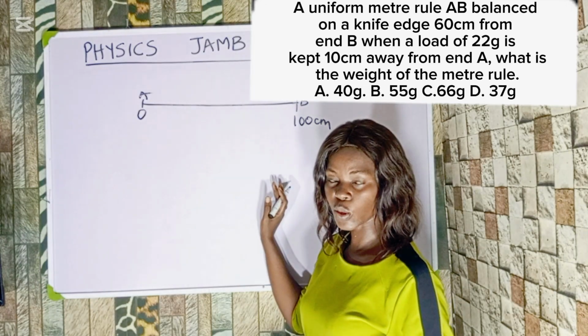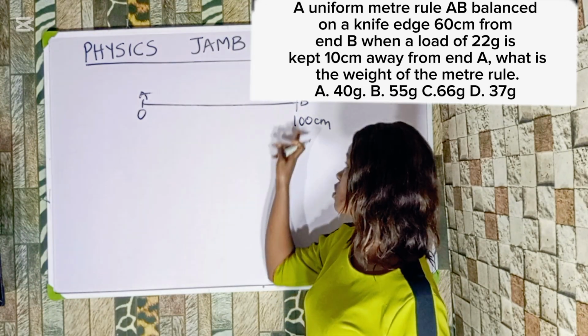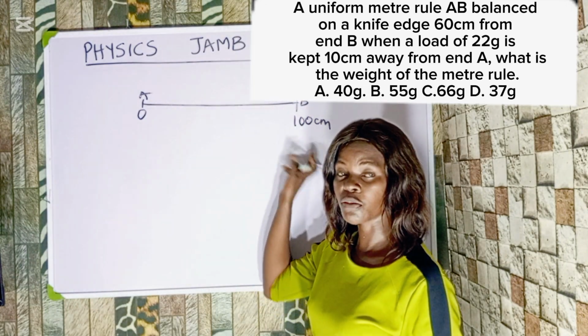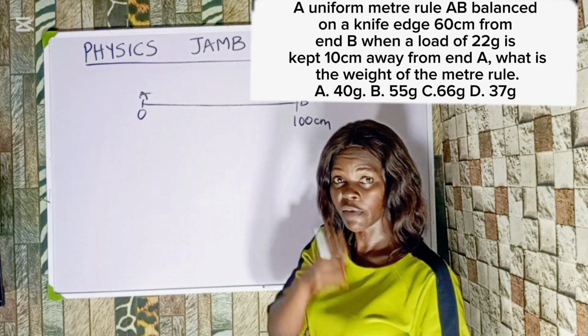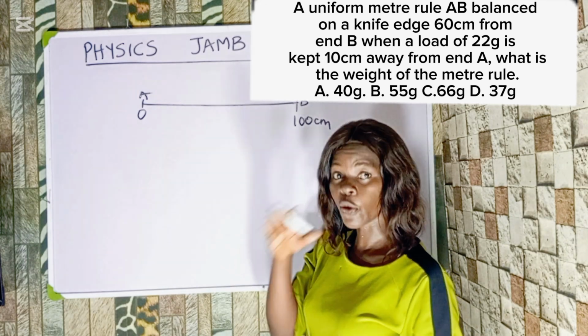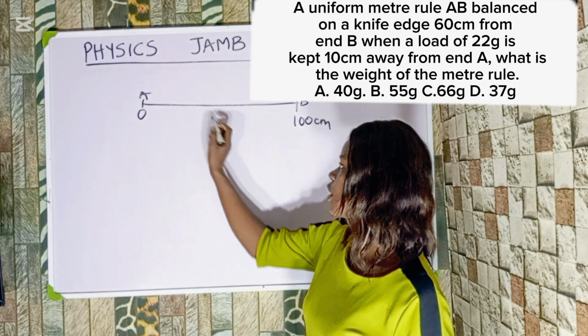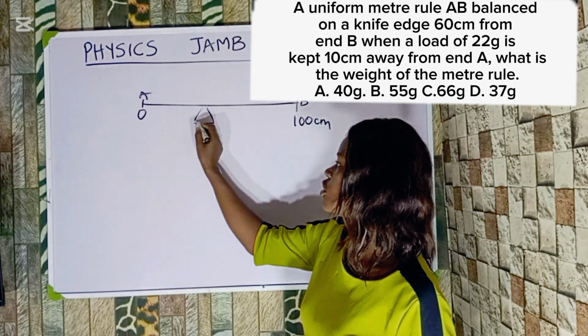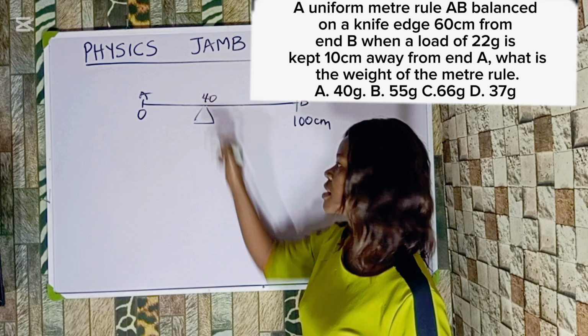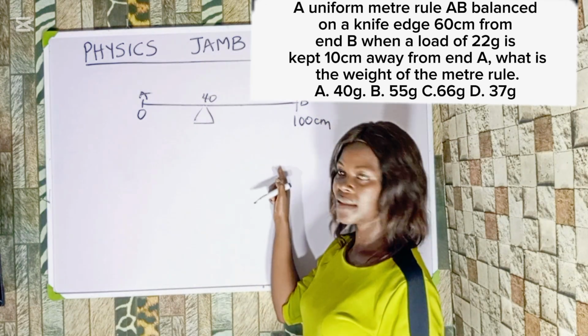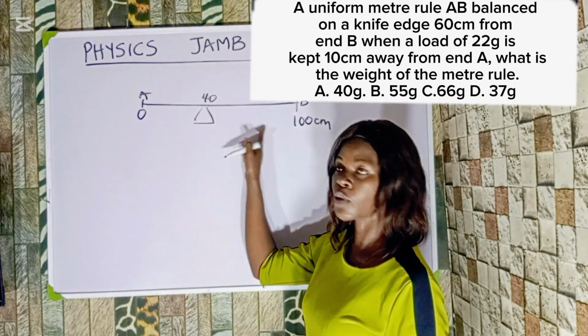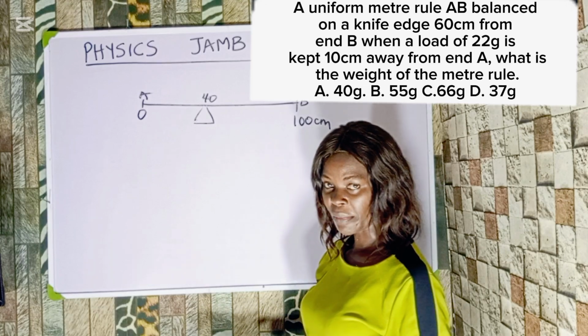If it balances 60 cm from end B, then 100 minus 60 is going to be 40. So the pivot or the fulcrum is going to be placed at 40 centimeters. I hope that is clear. So we're going to place it here, at 40 centimeters. The distance between B and where it is placed becomes 60. That is what they mean by that.